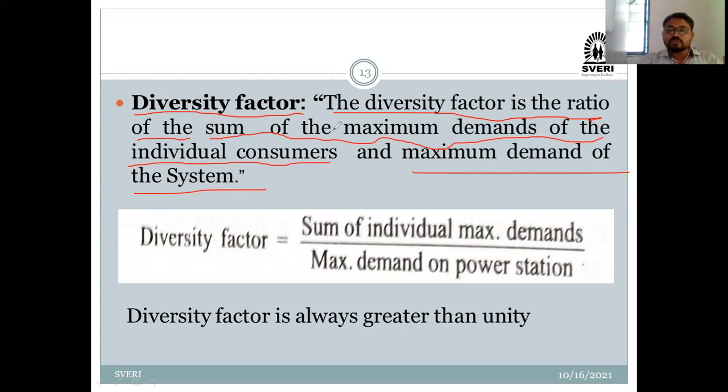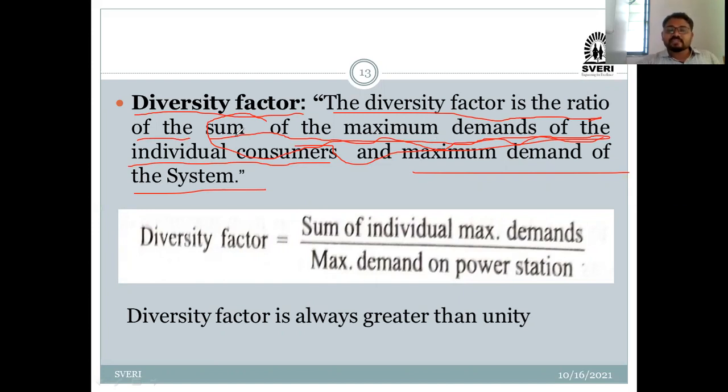First, the sum of the maximum demand of individual consumers. Okay, it means if I consider myself as one consumer, my neighbor as another consumer, my second neighbor as another consumer, then my house's maximum demand, that is, how much maximum load is connected in my house, plus what will be the maximum demand of my neighbor, then the maximum demand of my other neighbor.